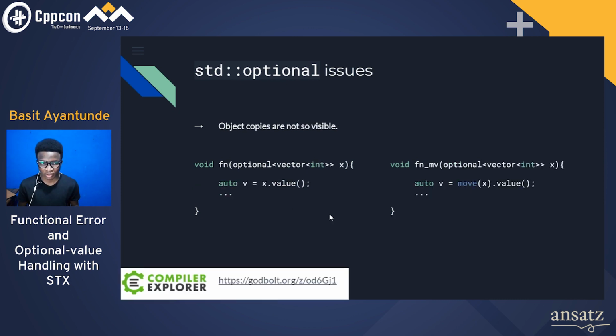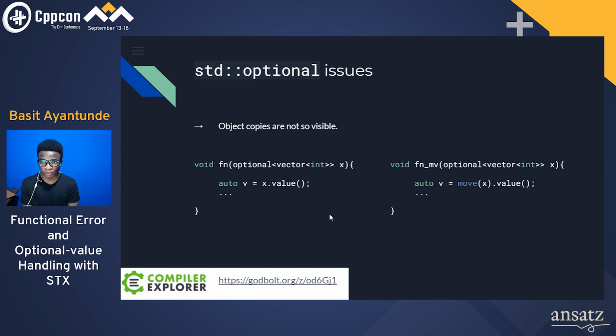Another issue with optional that I find very problematic in my code is its hidden copies. You can't really be too sure of when copies occur within std optional, as in the example here. If you check the assembly output for the first example, you'd notice that the containing vector is copied and memory allocation is performed even with optimization turned on.